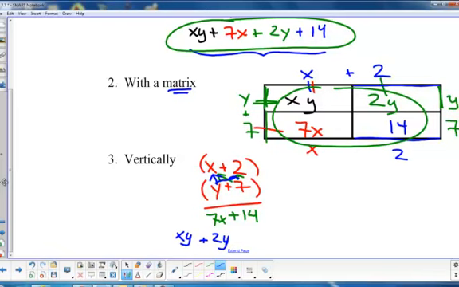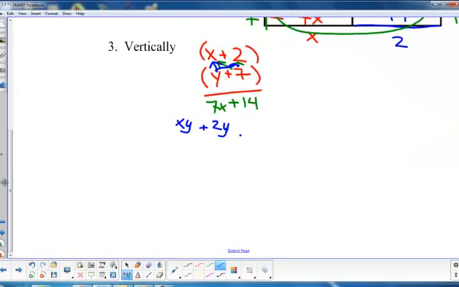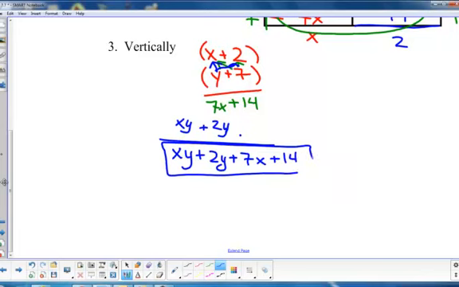Typically it's in alphabetical order. Most of the times the two middle terms will be like terms. In this case it's not. So our answer is xy plus 2y plus 7x plus 14. Same as above.